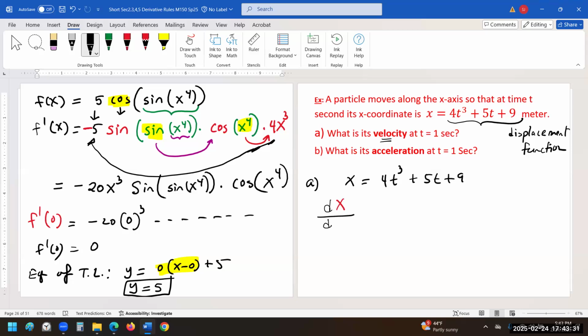So what is our independent variable here? T. So I should write dx over dt. It means we are finding the derivative of the x function with respect to the variable t, where t represents time.